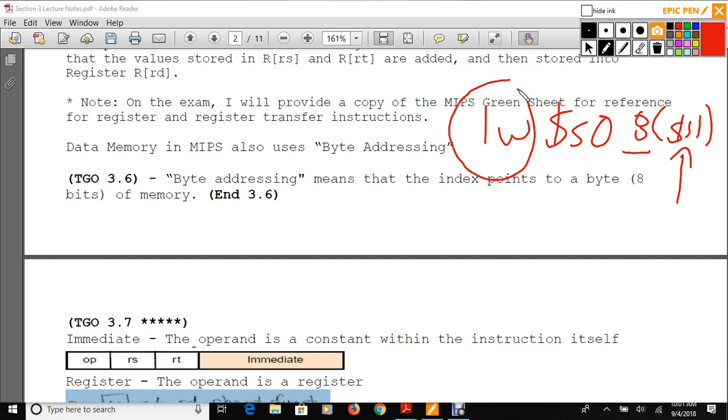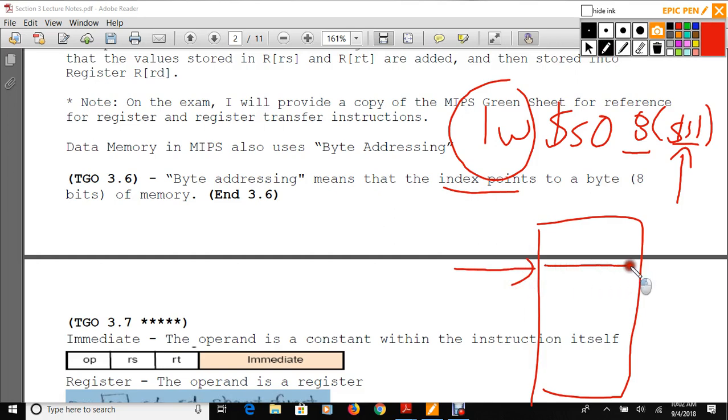I take S1, which is the index. I have this block. S1 tells me that this array starts here. That pointer is S1. That's what a pointer physically is.